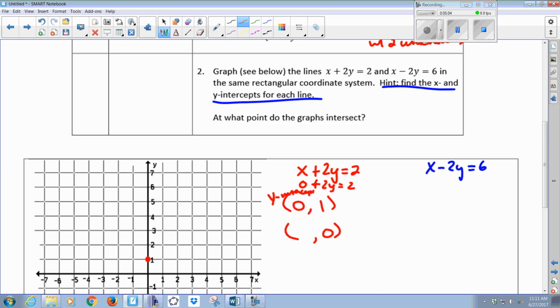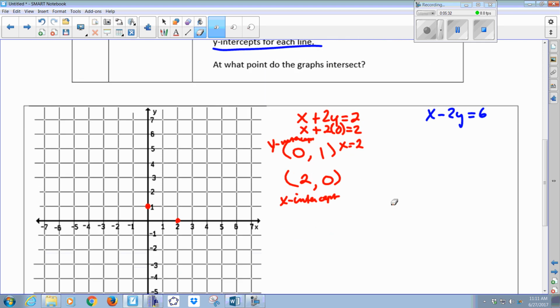Now it's y's turn to be 0, and that's the x-intercept, because the x-intercept sits right along the x-axis. So now I let y be 0, and I get x equals 2. So (2, 0) is my x-intercept. That's how quick you can graph this line.